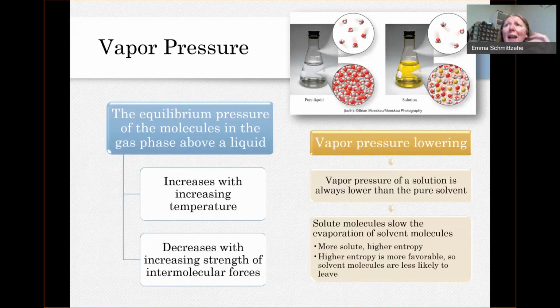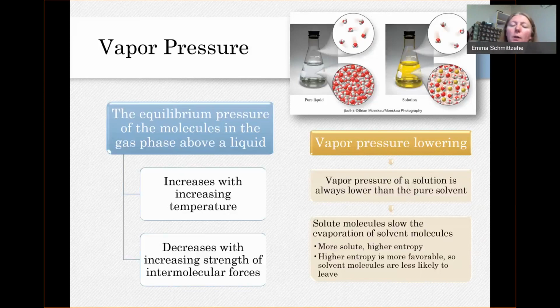And the reason this happens is because when we add solute, now the entropy of that solution is higher than what it is as a pure solvent. And that's because there's more randomization in there now, because there's more different types of particles. And that's a favorable situation when you have more entropy. So that means now your solvent particles want to stay. They don't want to leave as much. And so you have a lower vapor pressure.